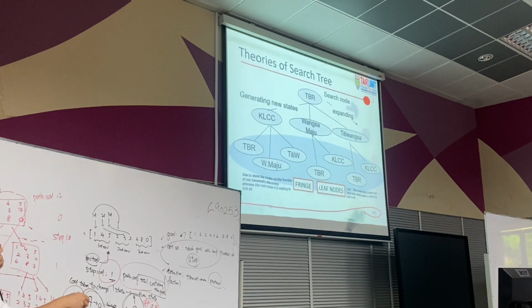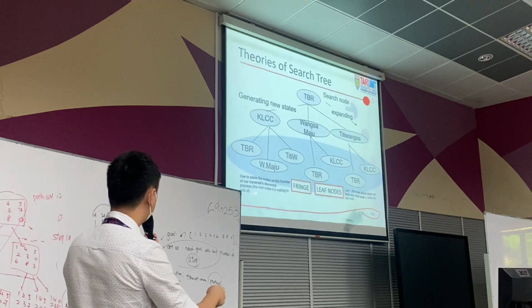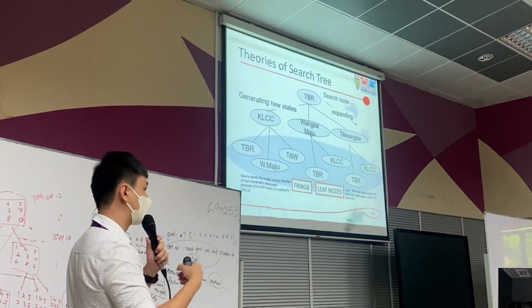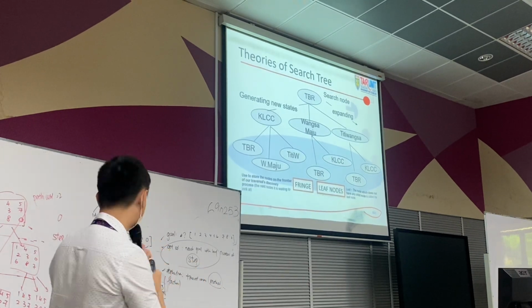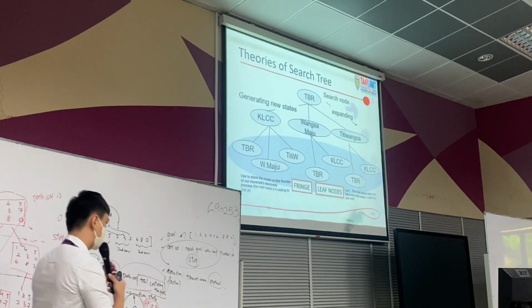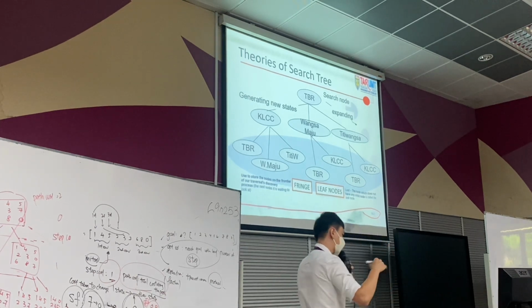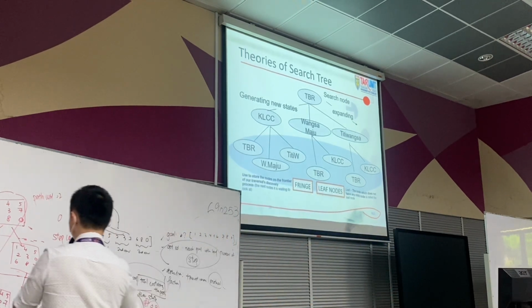Then we have a fringe here. Fringe is actually like a storage, right? It's a storage to store the nodes that are going to be expanded. For example, the moment I expand, I need a space. In the coding later, you need to generate an array or a list to store them. Right?